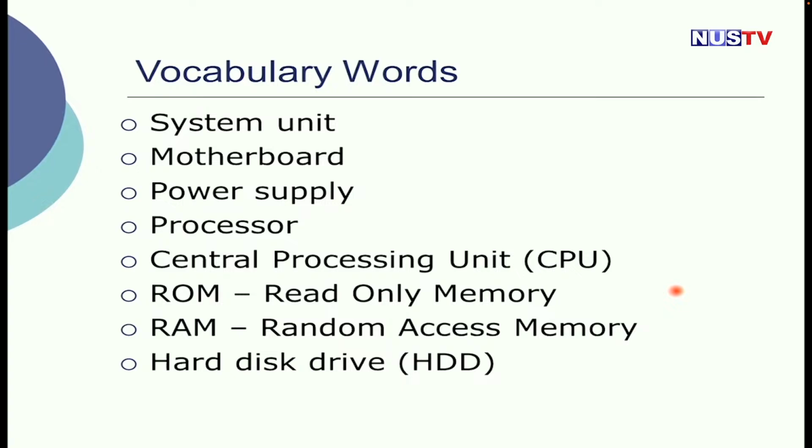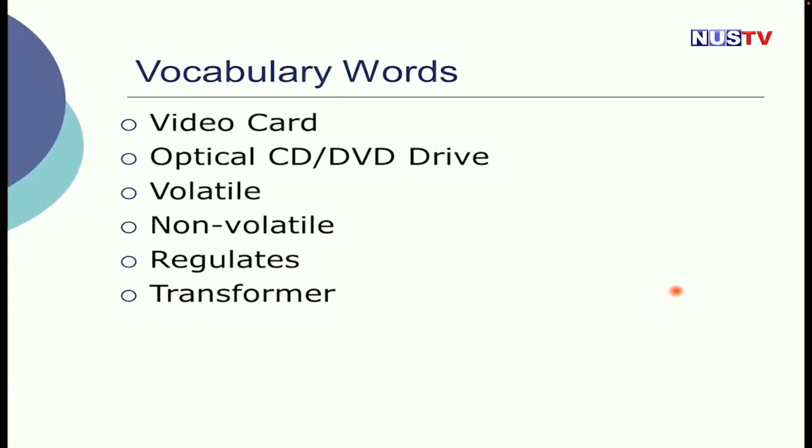System unit, motherboard, power supply, processor, central processing unit or CPU, ROM, read-only memory, RAM, random access memory, hard disk drive or HDD, video card, optical CD, DVD drive, volatile, non-volatile, regulates, and transformer.